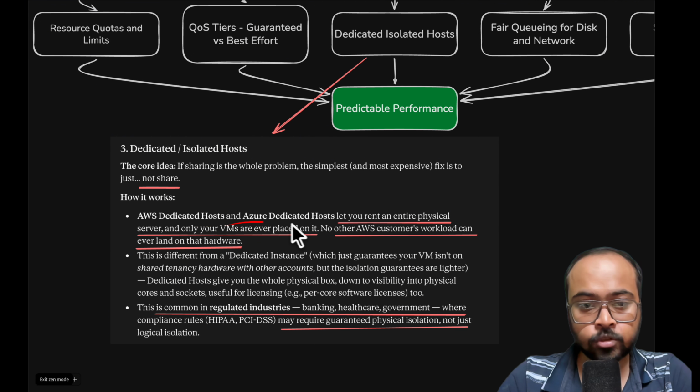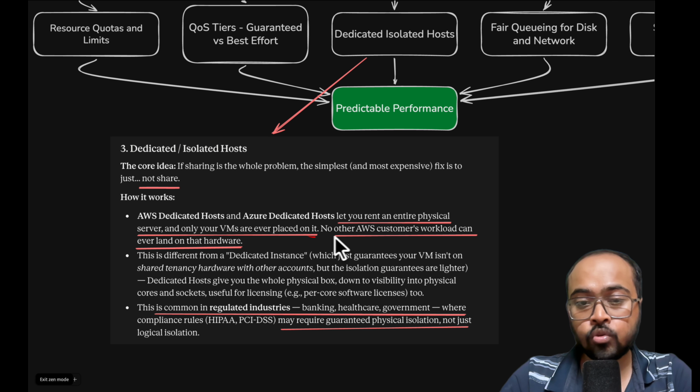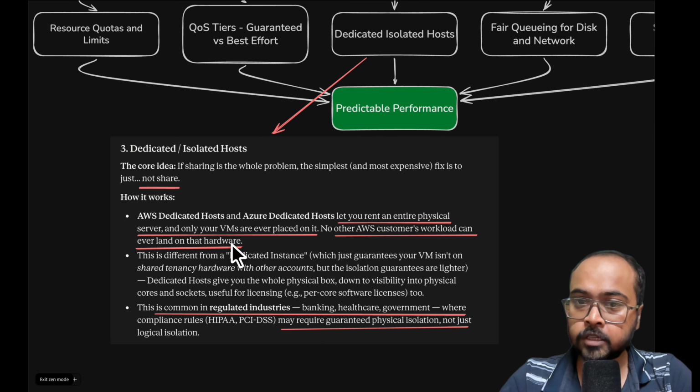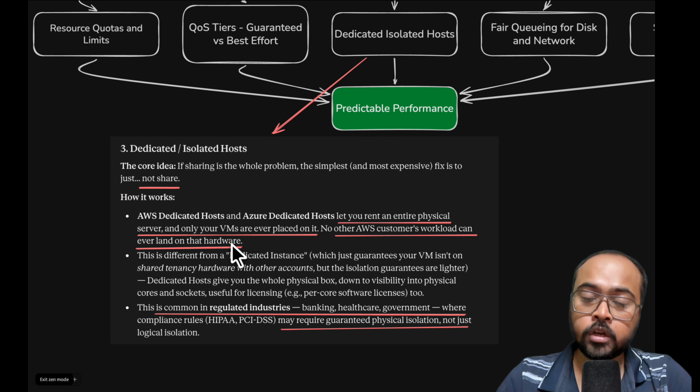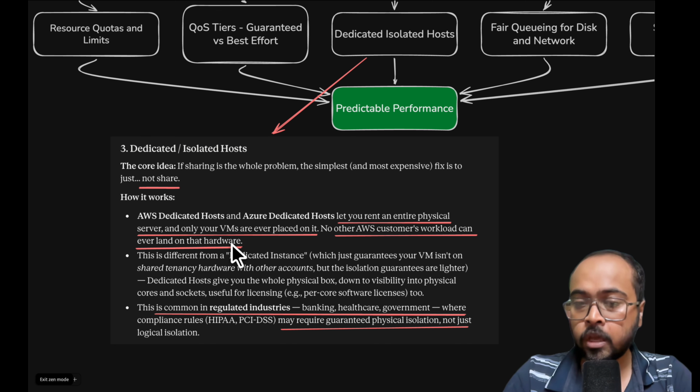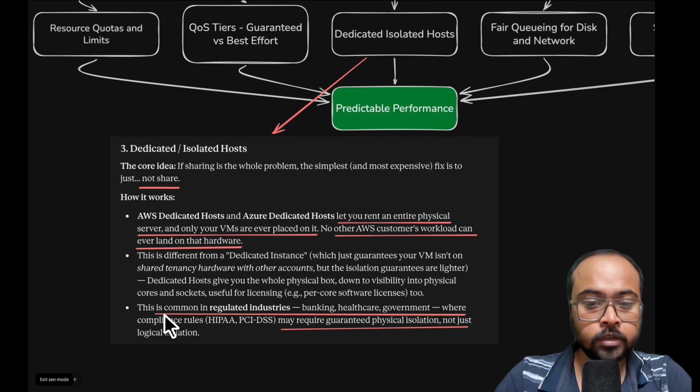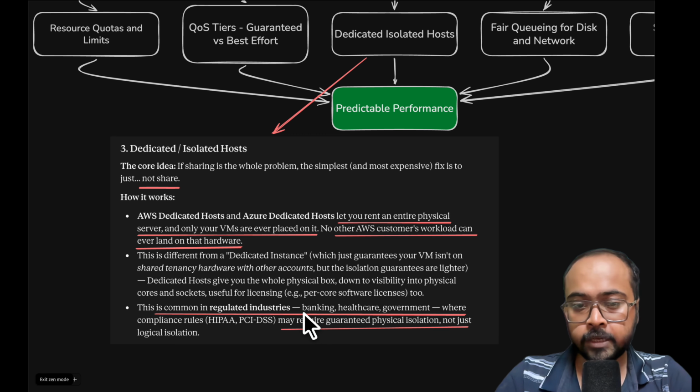AWS dedicated host and Azure dedicated host let you rent an entire physical server, and only your VMs are ever placed on it. No other customer's workload can ever land on that hardware. They give you a dedicated physical server and ensure that only your virtual machines are running on it. It will not be shared across any other customers, and this is very common in regulated industries. Suppose you are handling a banking, healthcare or government application where data security is very critical.